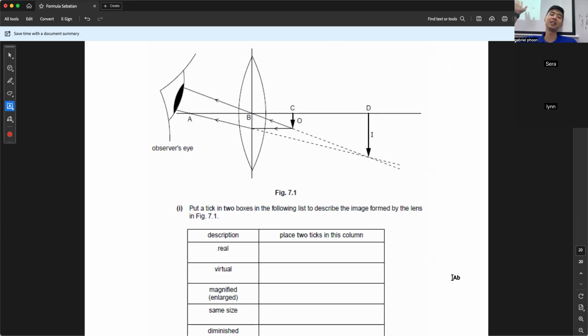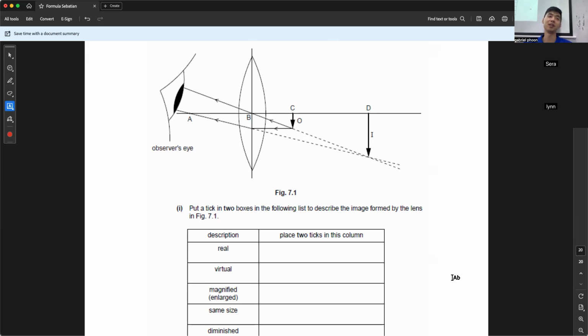So among A, B, C, D, which one is the optical center first? Okay, B is the optical center. A, C, and D, which one is the focal point? B is the focal point? What?